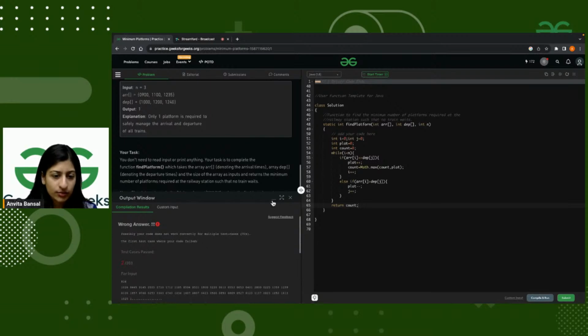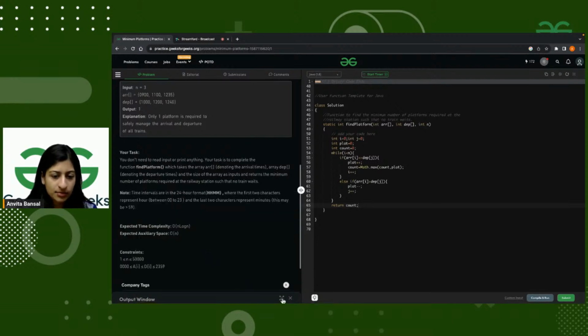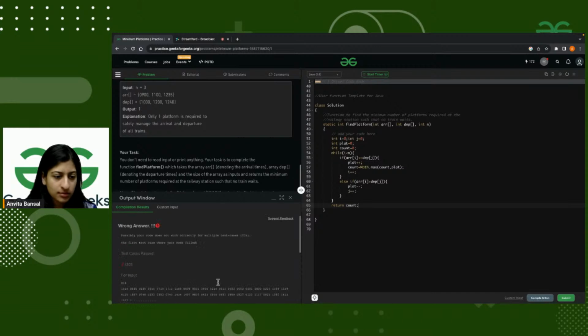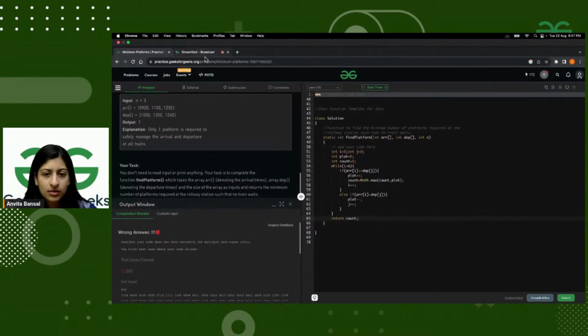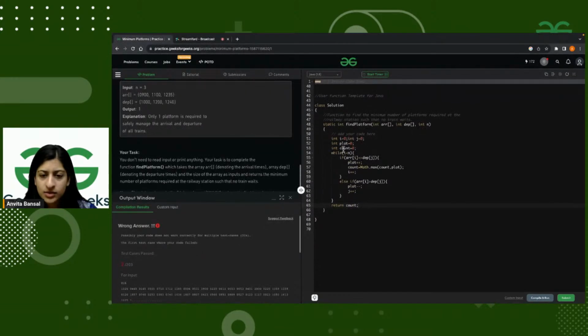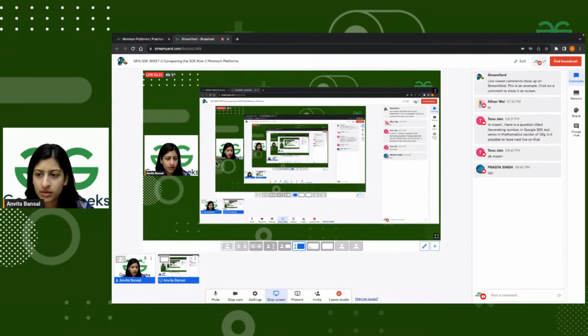Let me check what is wrong with this. i = 0, j = 0. Plat starts with 0, count, and you are returning count. Plat plus plus. i plus plus. j plus plus. What is the answer that you would want to return?